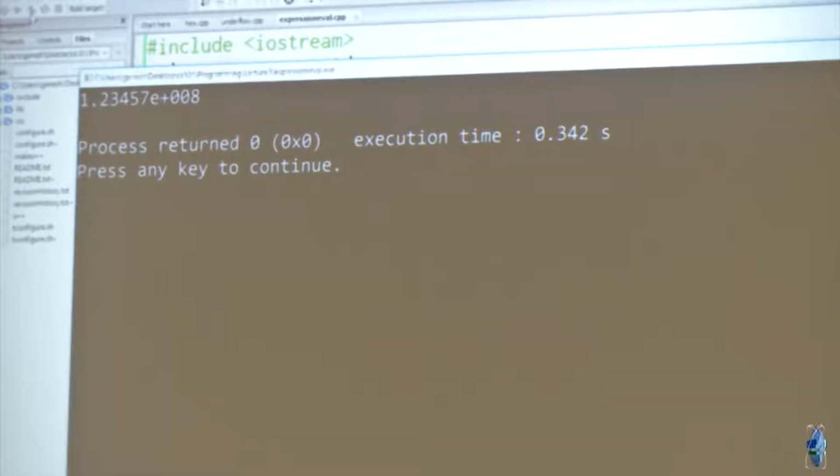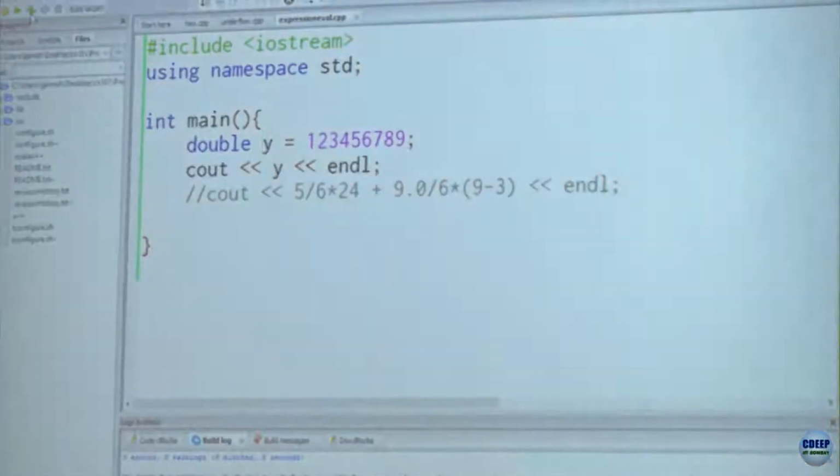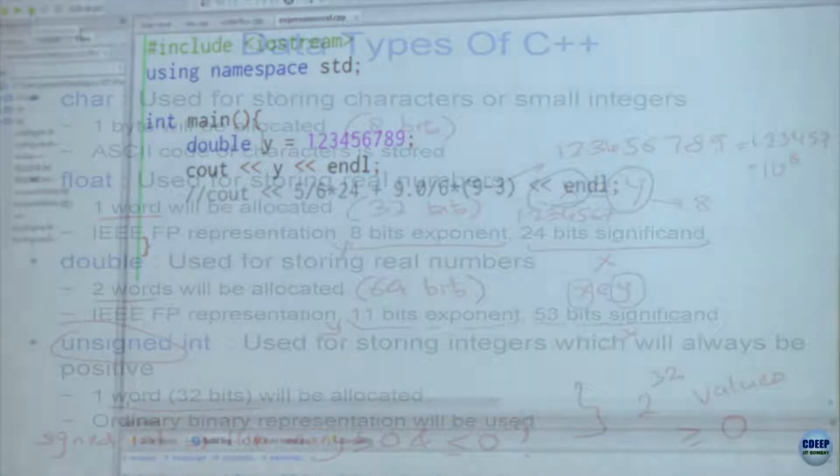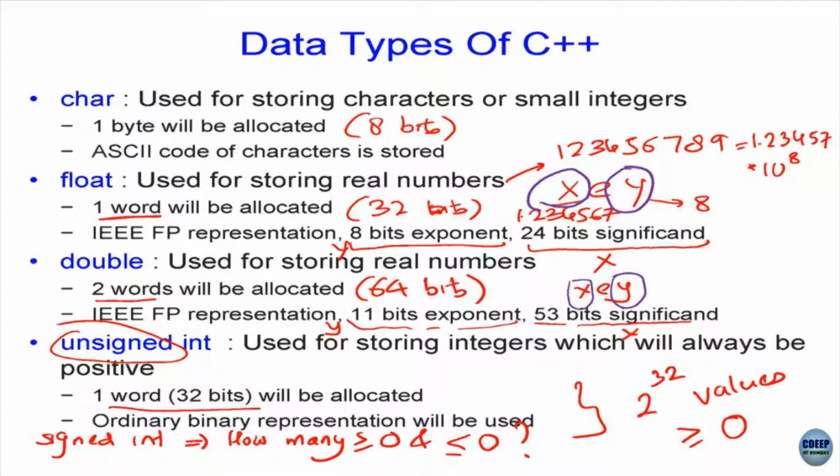So the number is too large even for double. Maybe you want to try things out yourself. This is just to get you thinking about what kind of storage is really required.